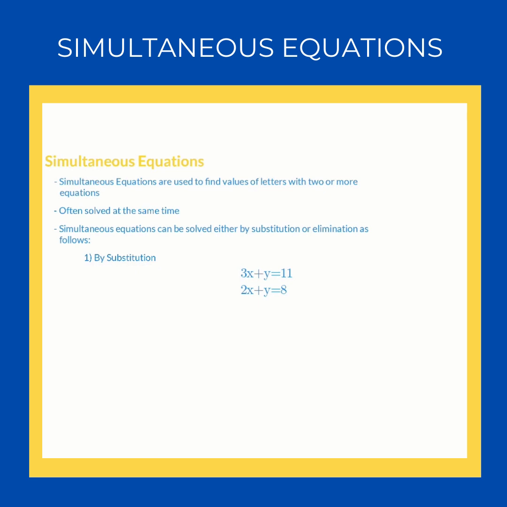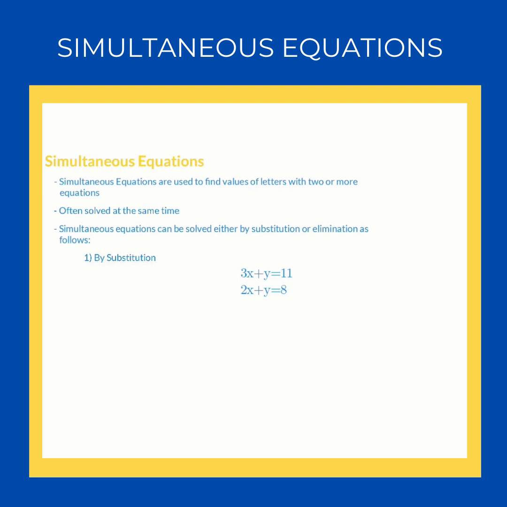So I have 3x plus y equals 11 and 2x plus y equals 8. The first step is to make either of the two variables, so either x or y, the subject of the equation.